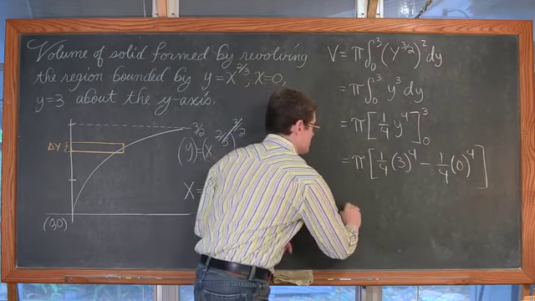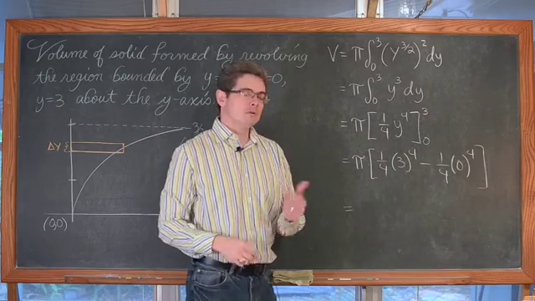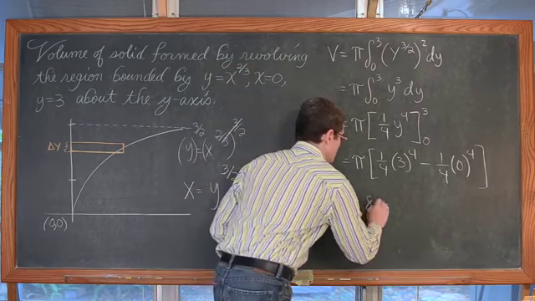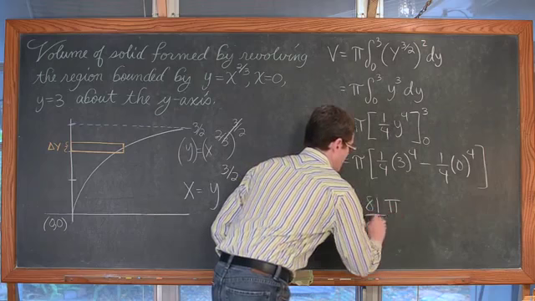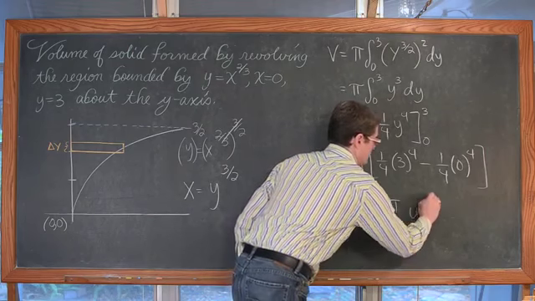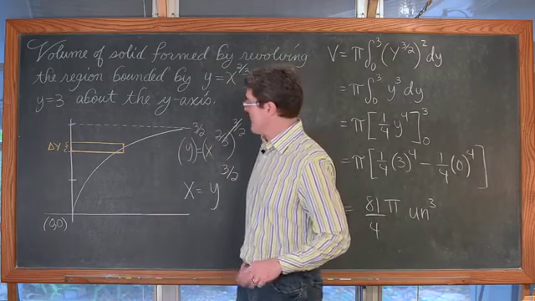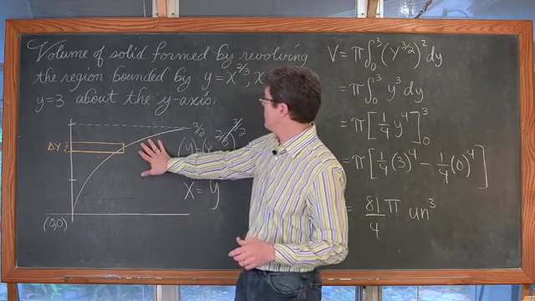And this comes out to be 3 to the 4th power is 3, 9, 27, 81 over 4 pi cubic units.